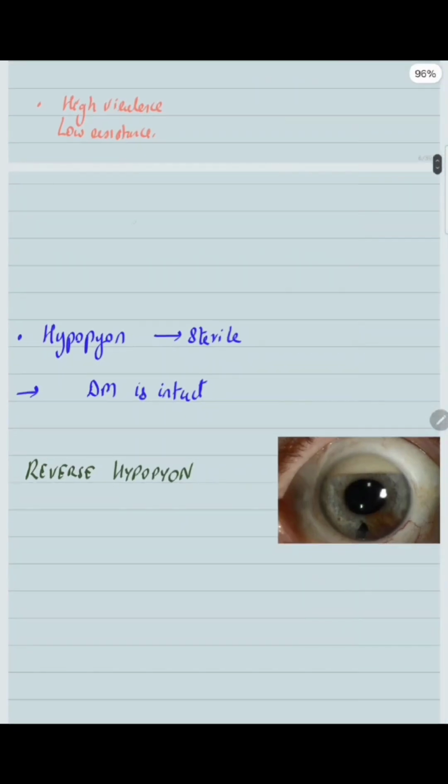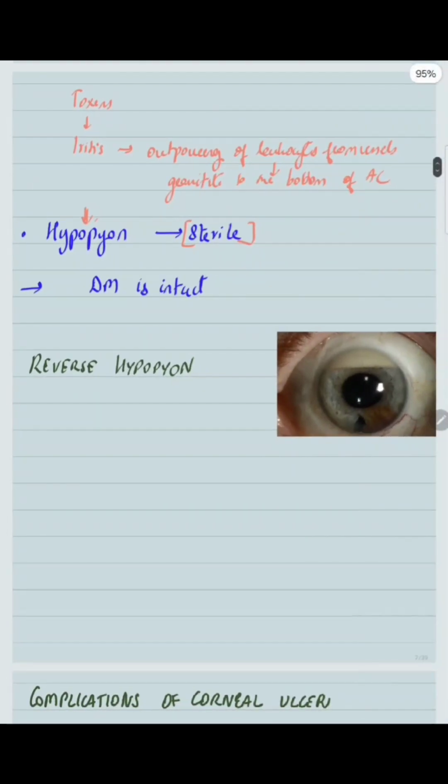Bacterial toxins produce iritis, which leads to outpouring of leukocytes from vessels that gravitate to the bottom of the anterior chamber. That is why hypopyon is sterile, because it is due to bacterial toxins and not bacterial invasion. Hypopyon remains sterile as long as Descemet's membrane is intact.